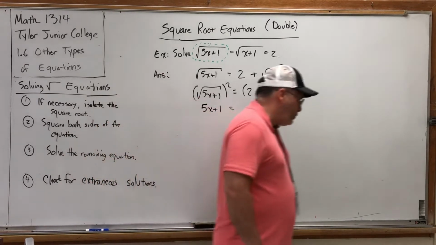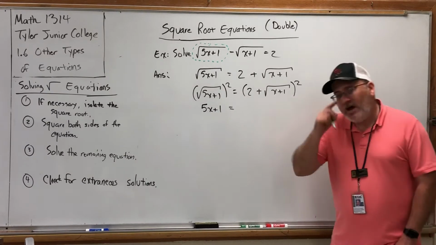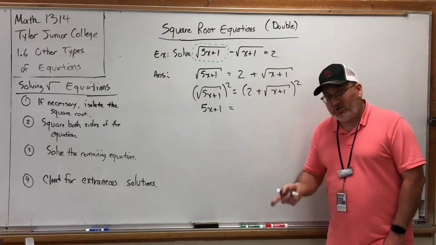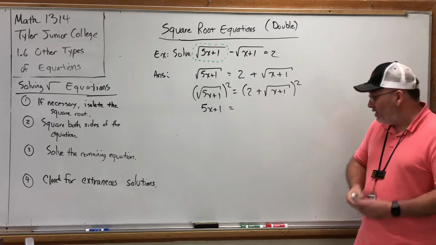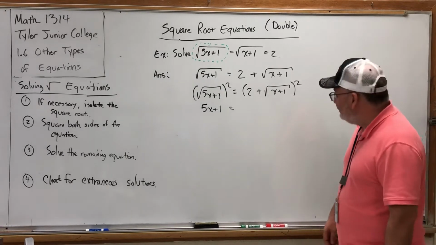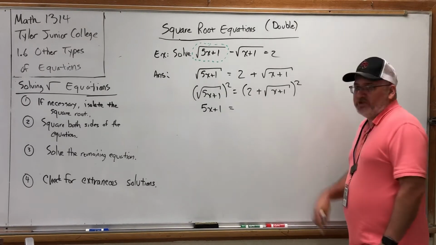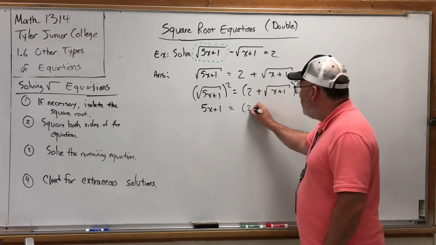But how are we going to square the right? Distribute the square? No. You cannot distribute powers across addition or subtraction. I'm going to sound like a broken record by the end of these videos, but you cannot distribute a power across addition or subtraction. So how do we square this binomial? The same way we square all binomials. We write it twice and FOIL it.